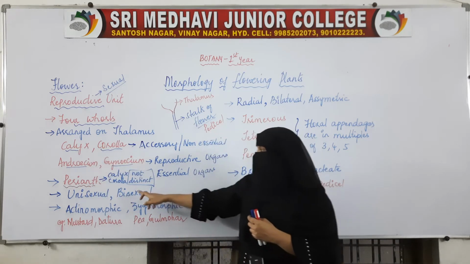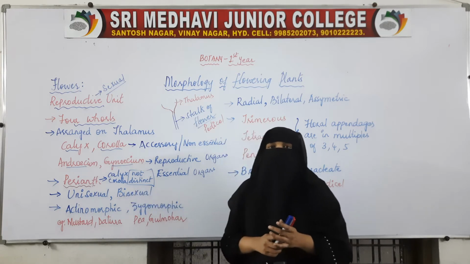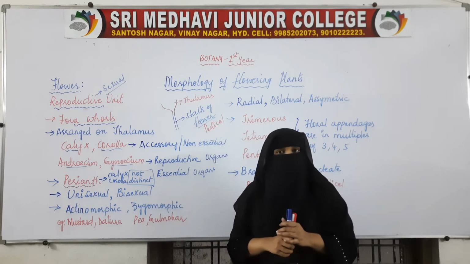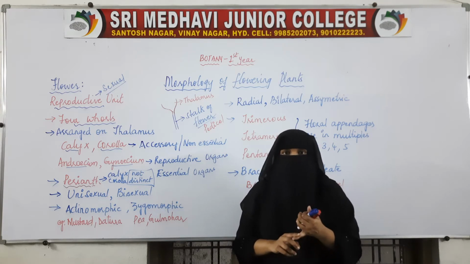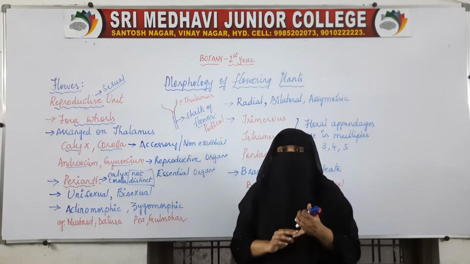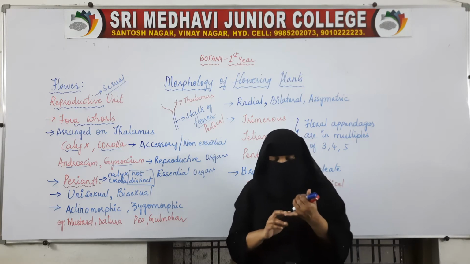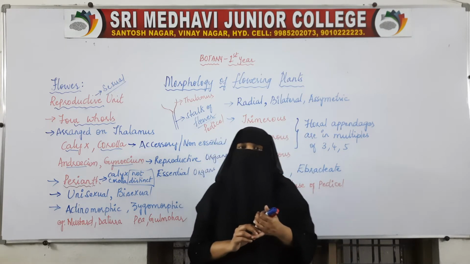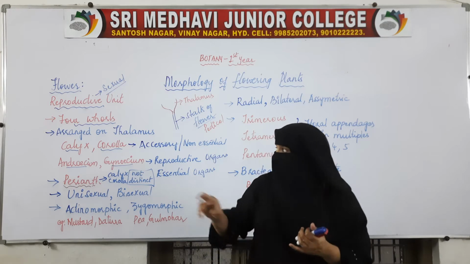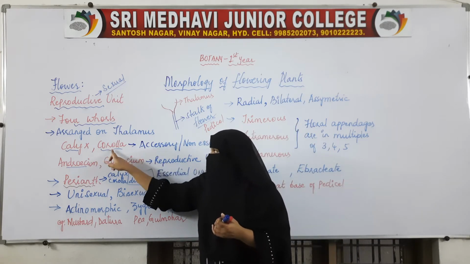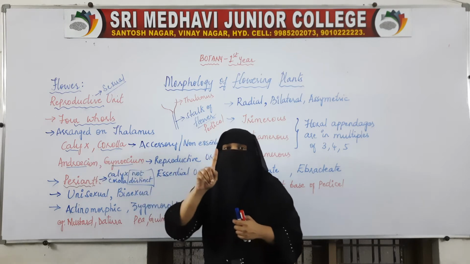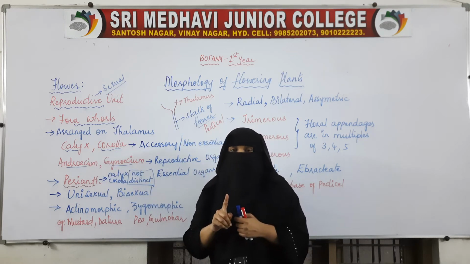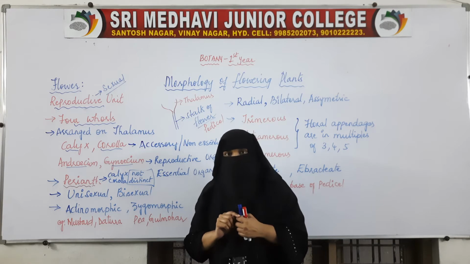Now, based on the number of reproductive organs: I said a flower may have four parts, but there are certain flowers in which only three parts are present. Such flowers will have calyx, corolla and just one reproductive part, only androecium.